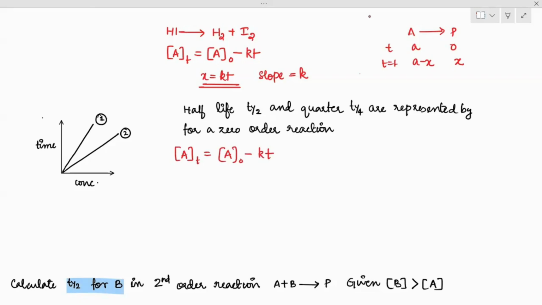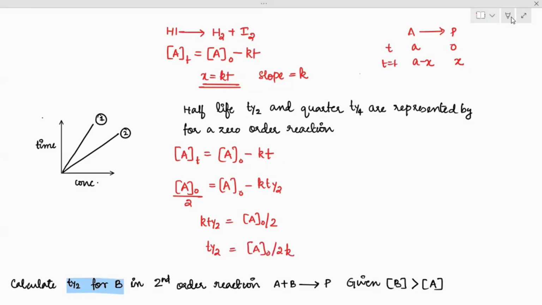At T half, the initial concentration will change. Final concentration will be 50% of the initial, which is A naught by 2. Let's rearrange. I'll take KT half to the side. KT half is equal to A0 by 2, or T half is equal to A0 by 2K.